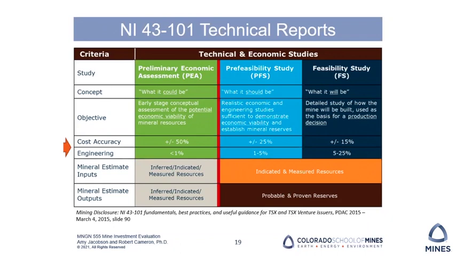For the engineering, we can see that with a preliminary economic analysis, there's not a whole lot of engineering that has gone into the project yet. With a pre-feasibility study, we have at least 1 to 5% of the engineering done, and with a feasibility study, 5 to 25% of the engineering completed by the time we finish the feasibility study.